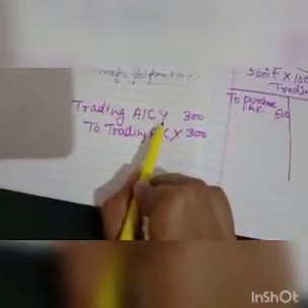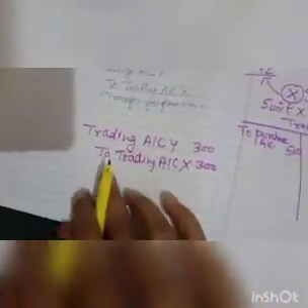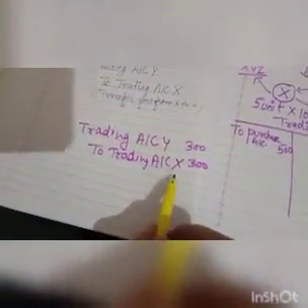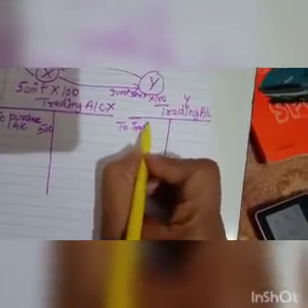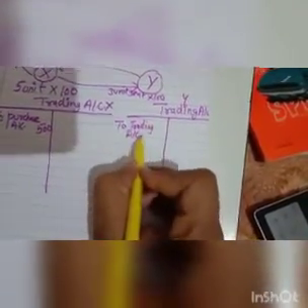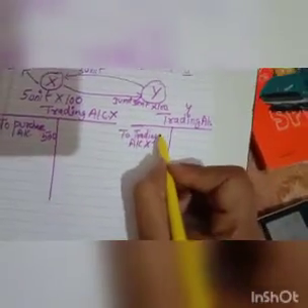So see here, trading account Y. If we are going to do the entry in trading account Y, we are going to write down 'to trading account X' on the debit side. How much amount is there? 300.